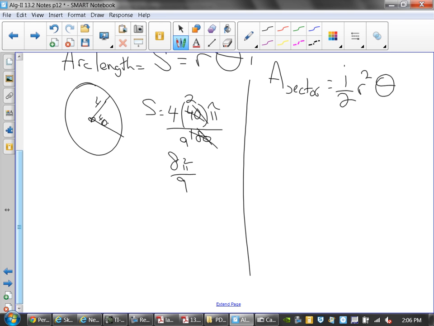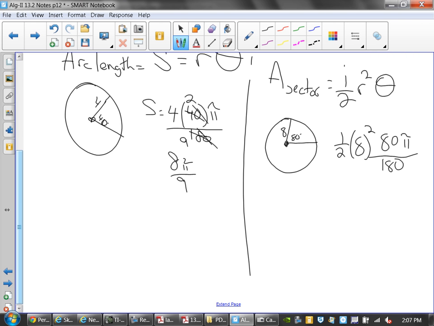Your radius is going to be whatever. If I want to do a different one here, let's say we have 8 for a radius and 80 for our degree measure. Direct substitution: 1/2 of 8 squared times 80 pi over 180.